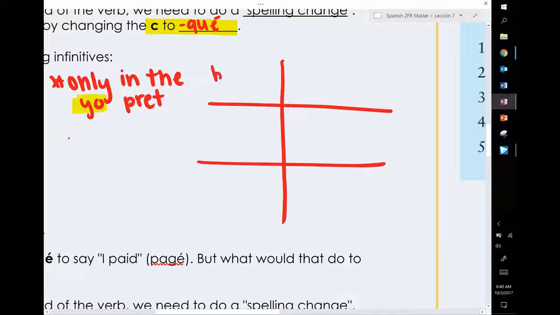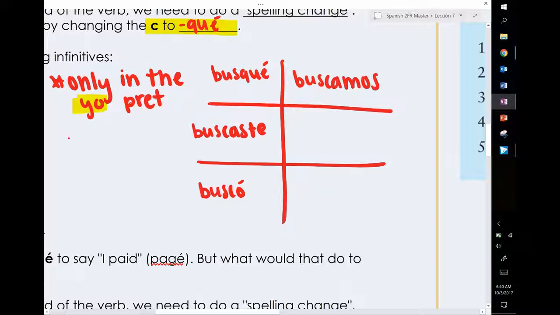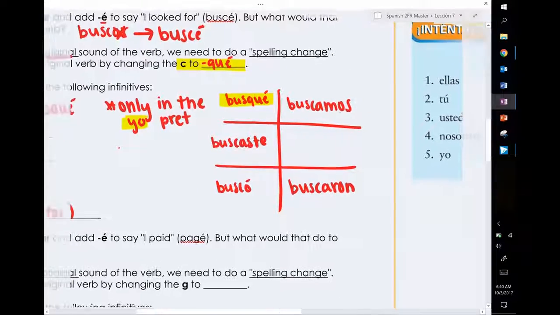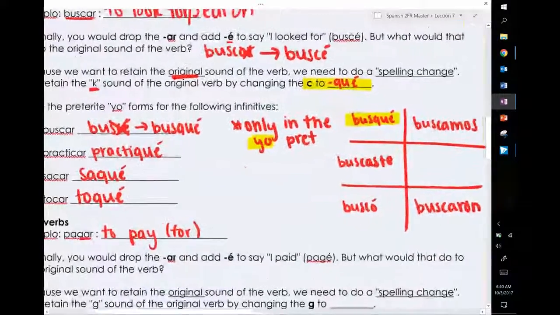Yo busqué, tú buscaste, él, ella, usted buscó, nosotros buscamos, ellos, ustedes buscaron. Okay, only the yo form has that change. So car verbs go to QUÉ.